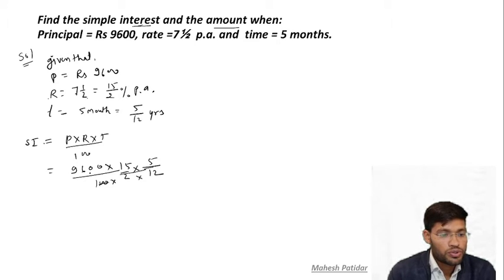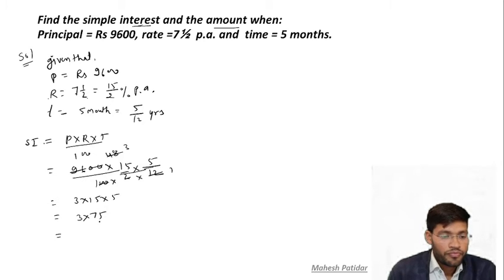Now 20 cancels 20 and 2 cancels, 2 fours are 8 and 2 eights are 16, 12 ones are 12, 12 threes are 48. Now 3 into 15 and 5, 3 into 75, and 3 fives are 15, 3 sevens are 21 and 1 is 22, so 225.